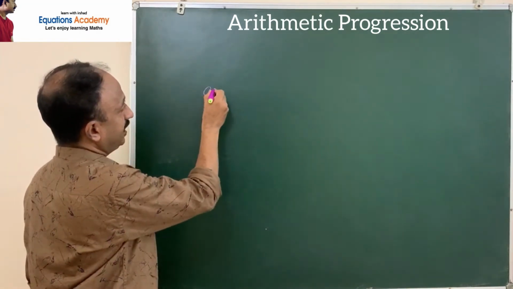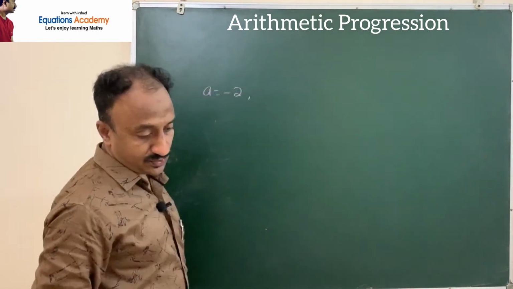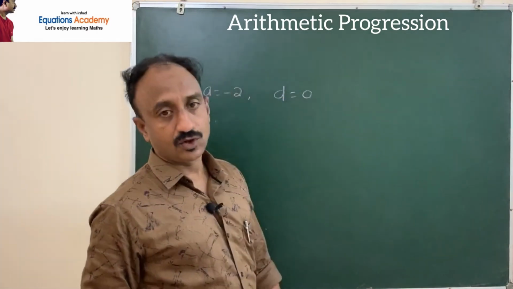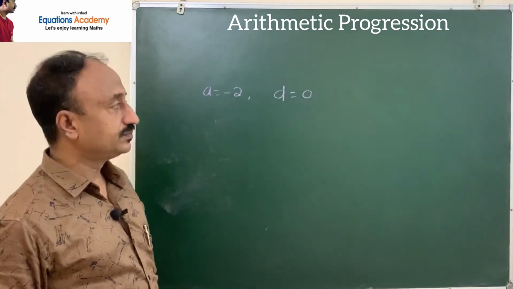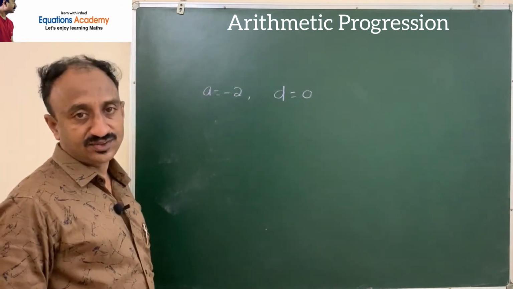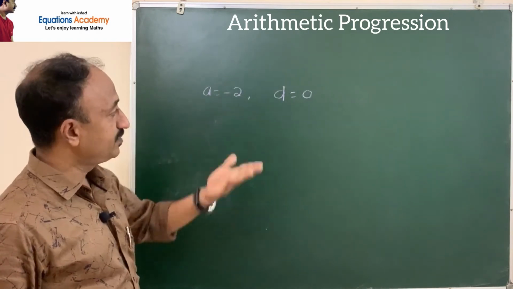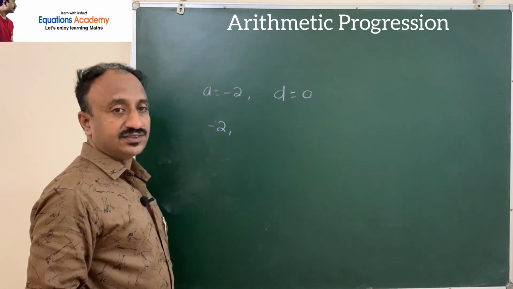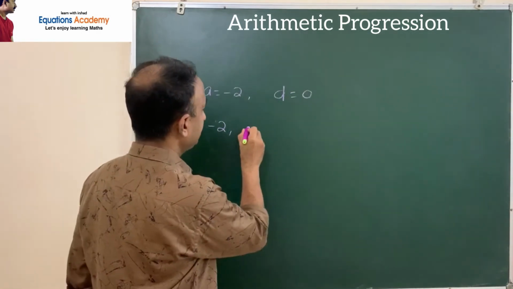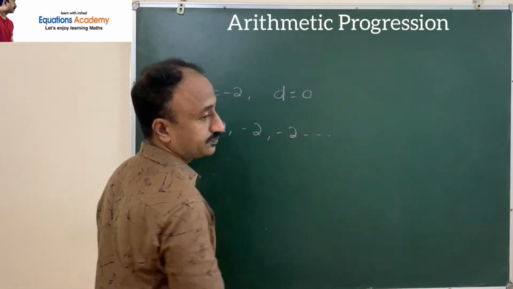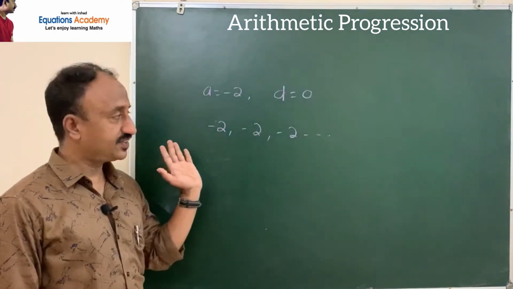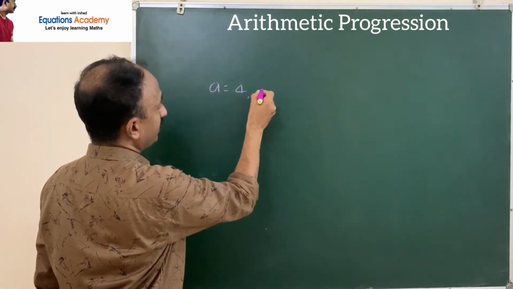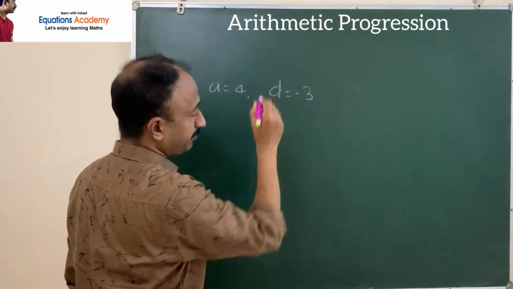Next question, A equal to minus 2 and D equal to 0. Common difference is 0. Since the common difference is 0, the terms will be the same. So the first term will be minus 2, second term will be minus 2 plus 0, it is minus 2, again minus 2. So this is the second question's answer. Third question is A equal to 4 and D equal to minus 3.